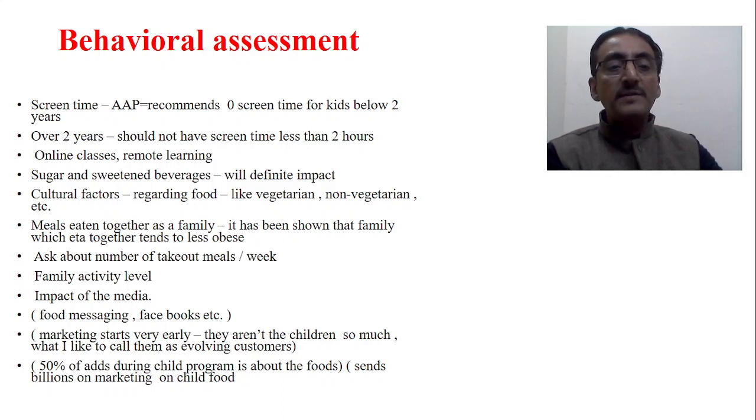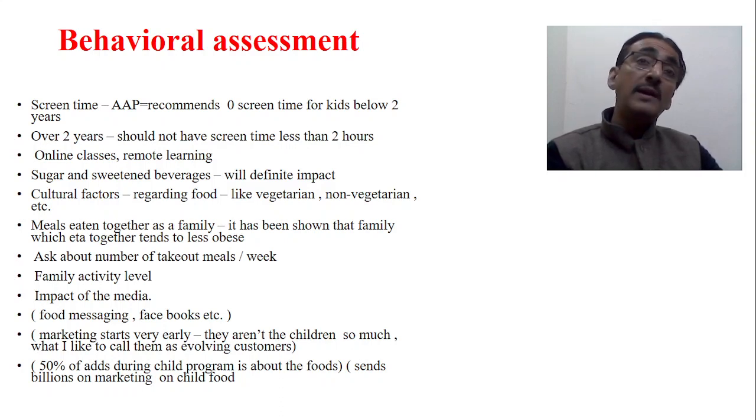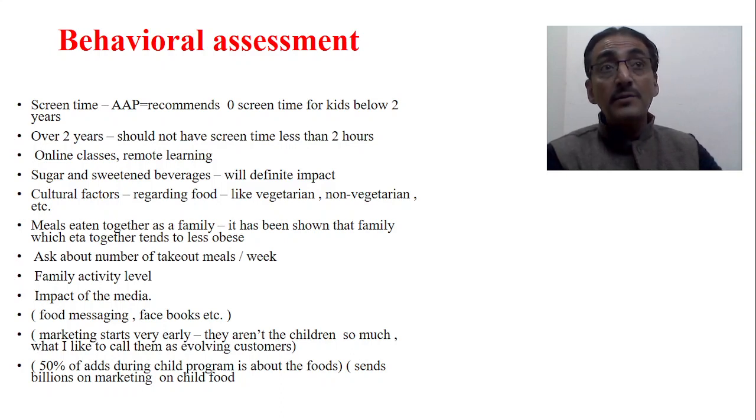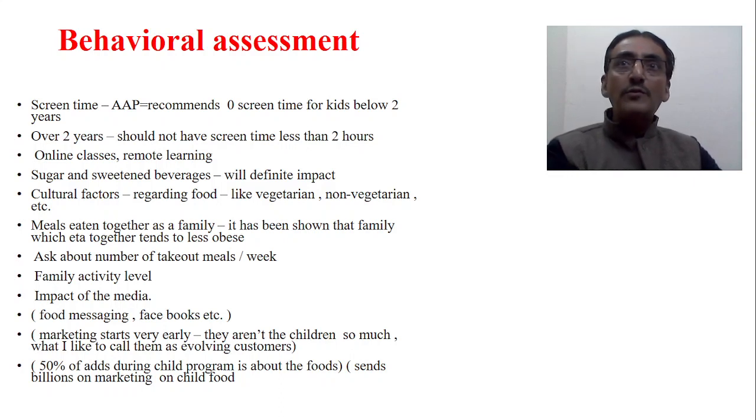So 50% of the ads during the child program, if you see on TV and electronic media, during the child program, there are so many ads coming related to this type of food. 50% of the ads are coming during the child program, so that the child is getting influenced and the child starts arguing with the mother to bring that food. They spend billions and billions of money on marketing child food. You just see, they also play the mind game.